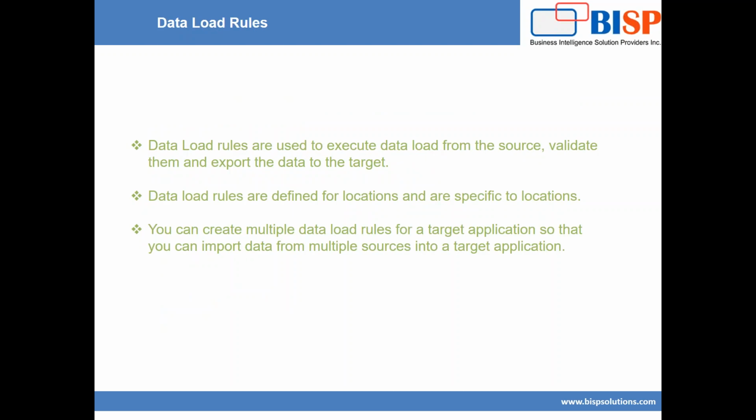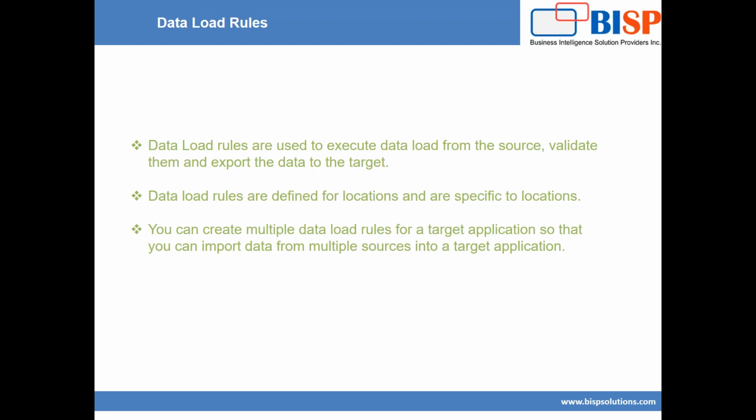So next is data load rules. Data load rule is something that is very important, the reason being it allows us to trigger the workflow in one shot. It remains tied up with category and period always. So while you create your data loads, you always tie them up with certain categories, and the data load rule remains valid for those categories.